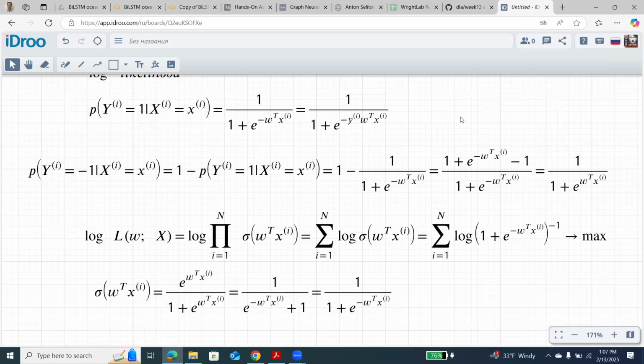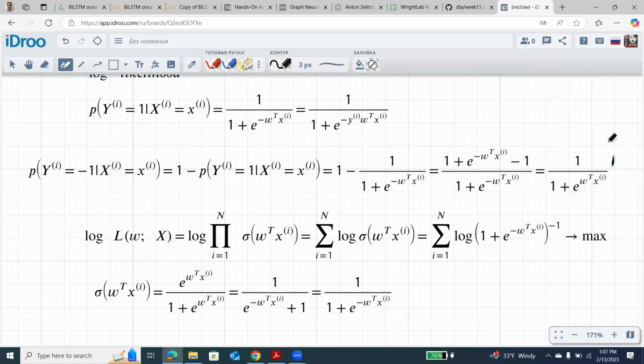And the goal is to understand that it also equals to this expression when we use margin. That's why we spent last time talking about margin.